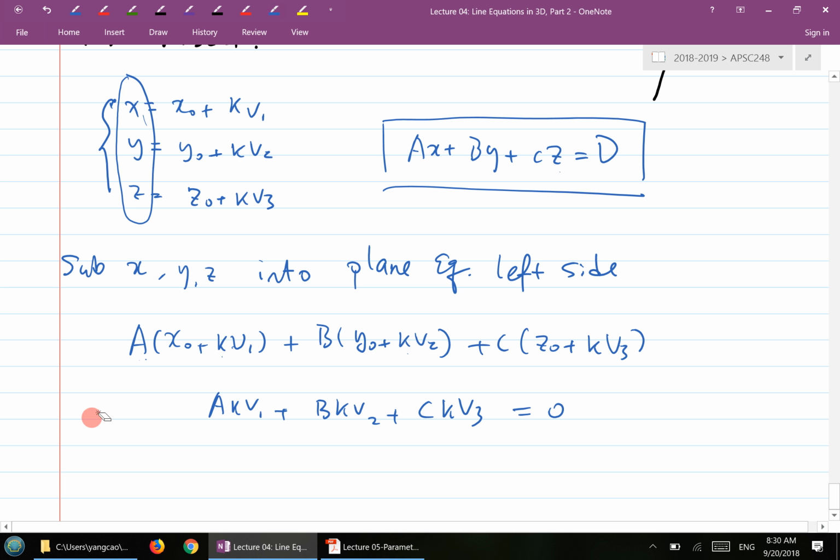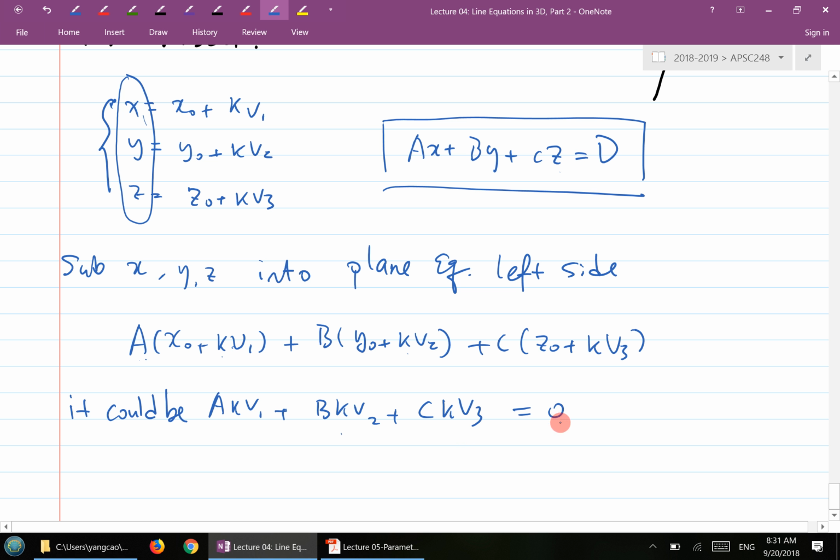Maybe this is negative 2k, then k and k; when you add them together, you get 0. That's possible.